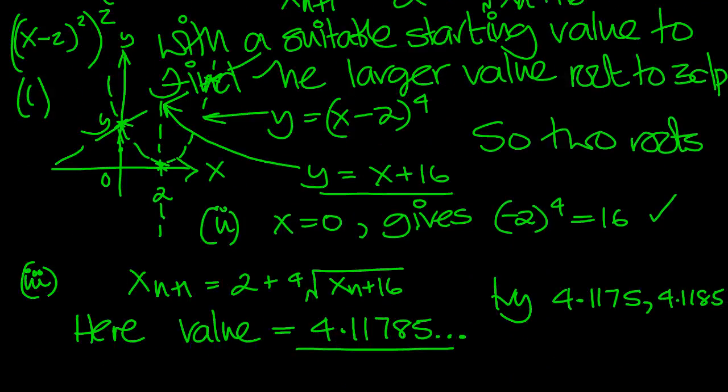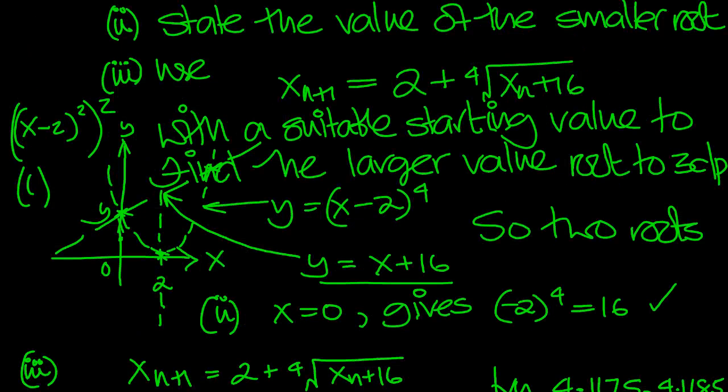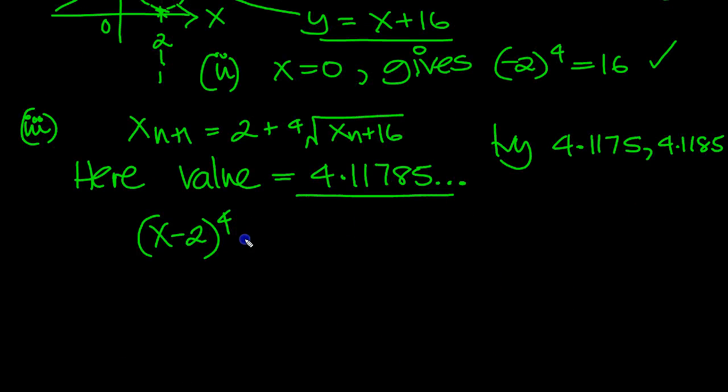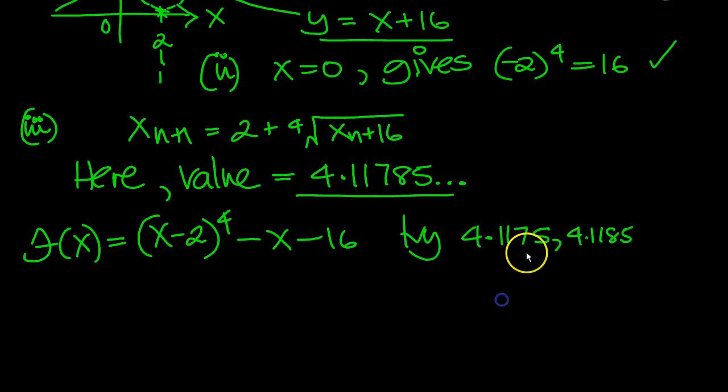So (x − 2)^4 = x + 16, so f(x) = (x − 2)^4 − x − 16. This will be our f(x) in question. We want to try these values to show the root exists between the two. One will be positive, one negative, hopefully, and then we've verified that to 3 decimal places it's going to be 4.118.